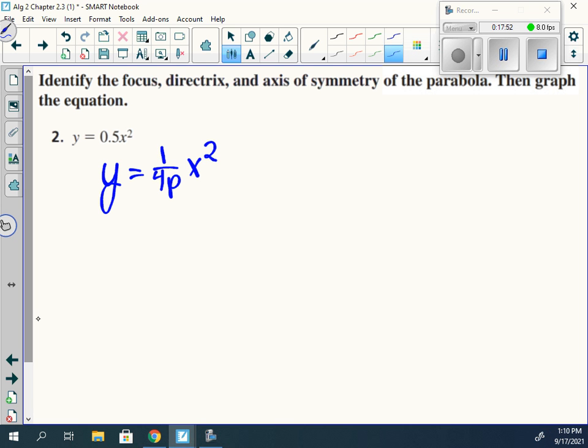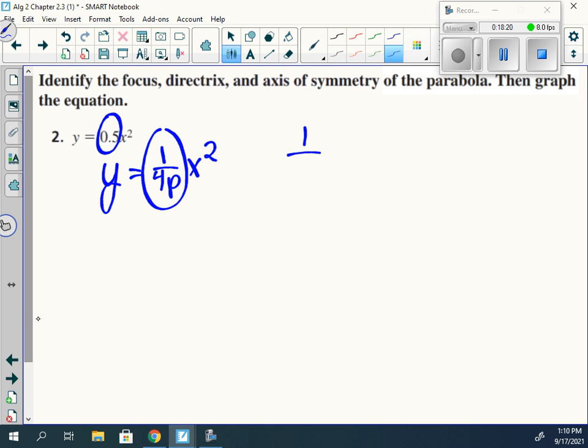Here, the general equation is y equals 1 over 4p x squared, yes? The variable without the exponent is what we want by itself. For the equation they gave us, the variable without the exponent is by itself, so we don't have to do anything to it. So the 1 over 4p is matching up with 0.5.